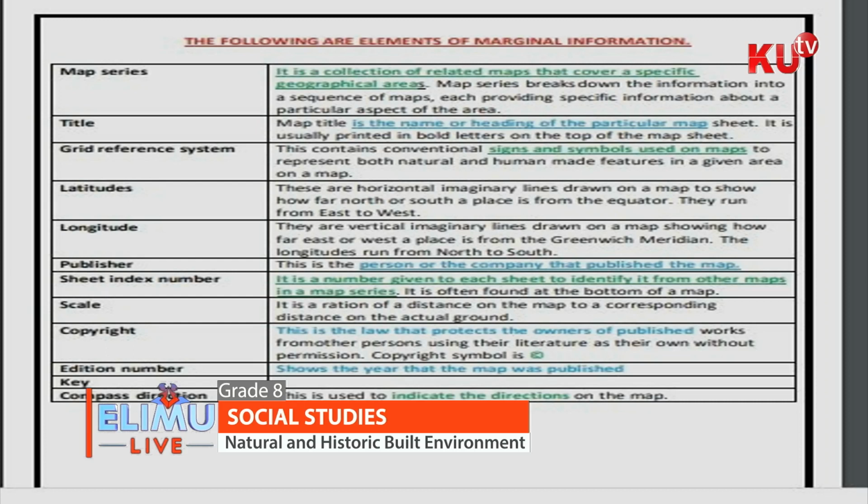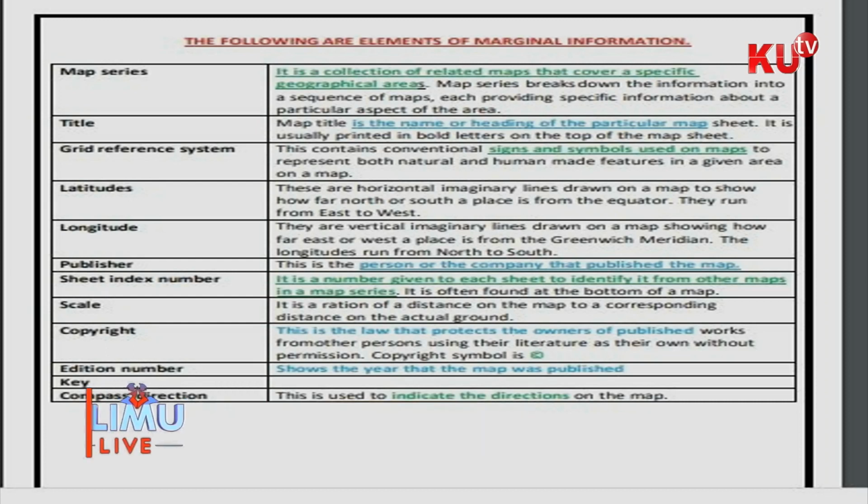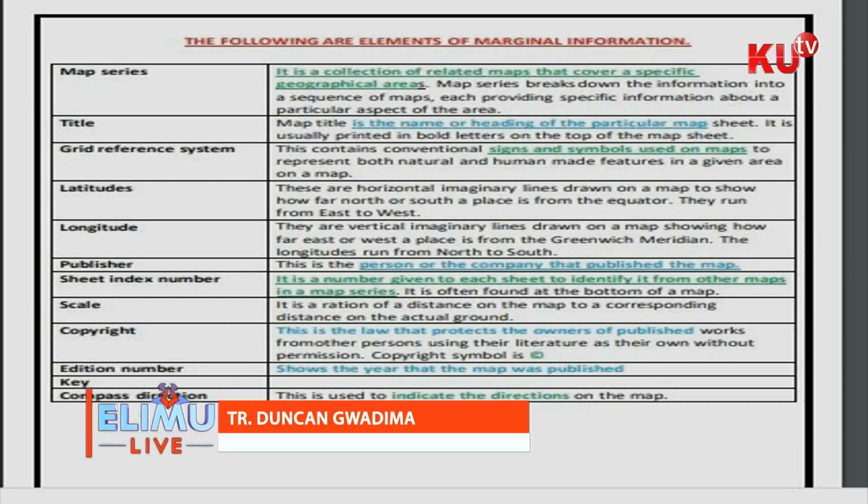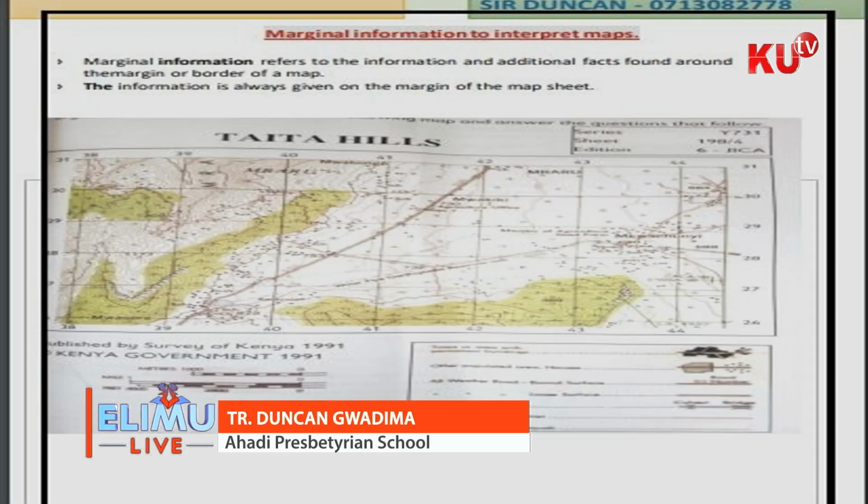If you look at our map, the sheet index number is found on the top right hand side. I know it is going to be displayed in a few minutes there. If you look at the map of Taita Hills, the sheet index number is found on the right hand side.